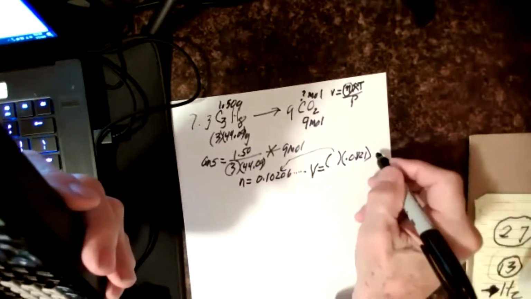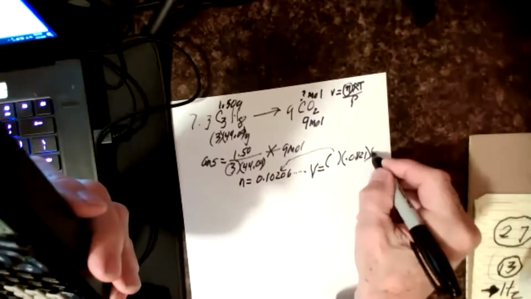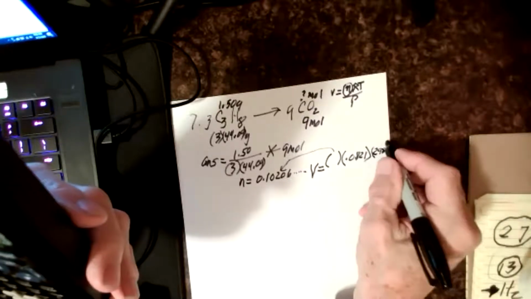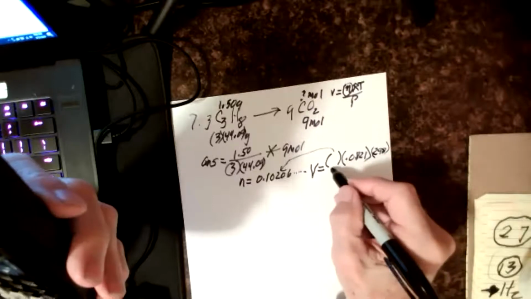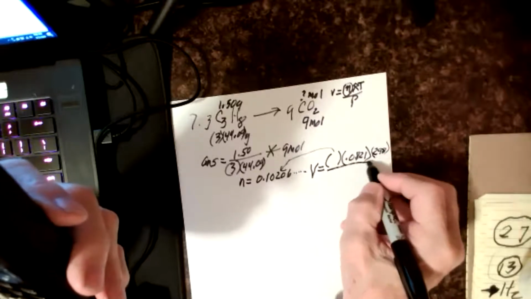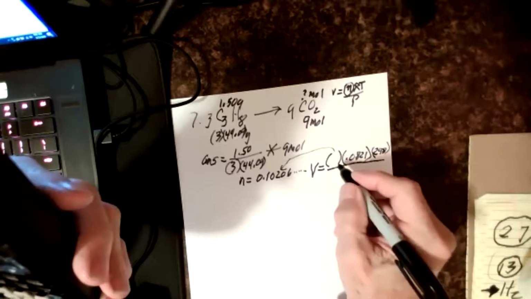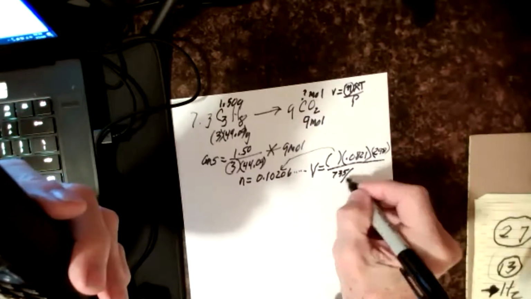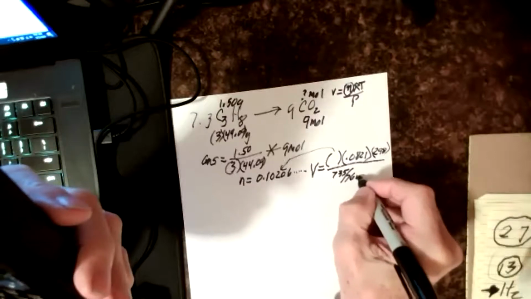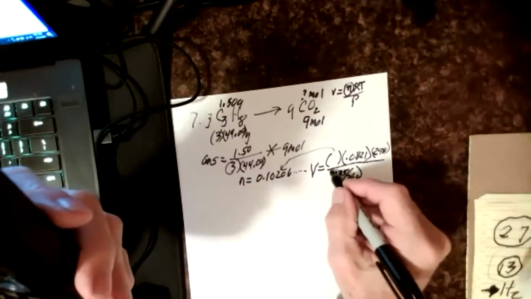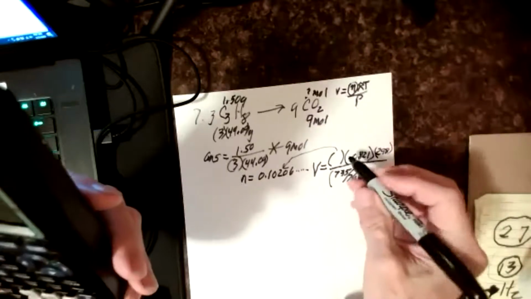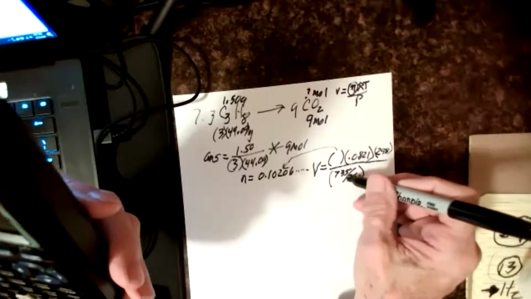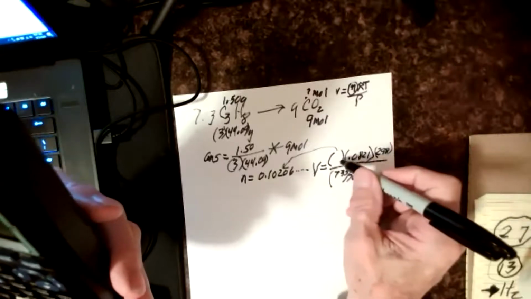Temperature is 25 degrees, so that's going to be 298.15 degrees Kelvin. nRT divided by the P, and the pressure is 735 divided by 760. We've got to get to atmospheres. 1 atmosphere is 760 torr. So 735 divided by 760 is my pressure in atmospheres, which is what I have to have for this problem.